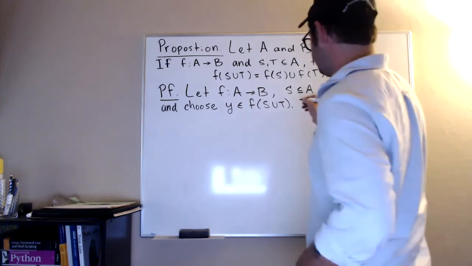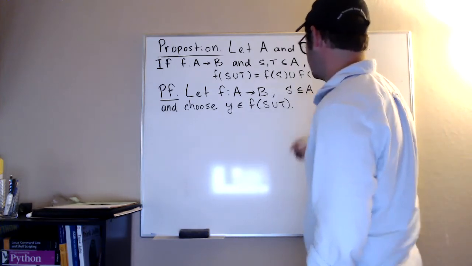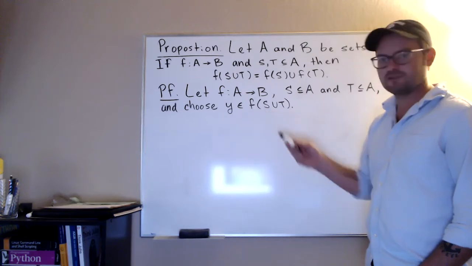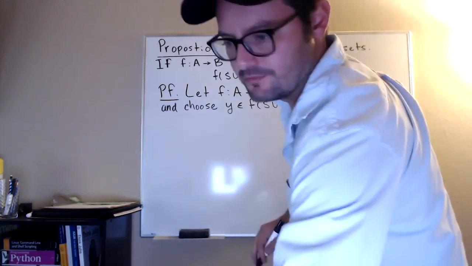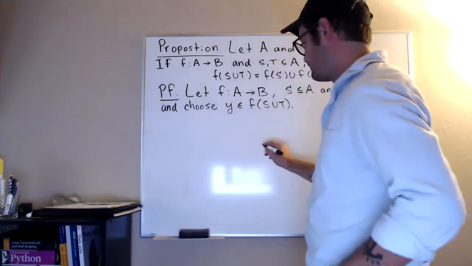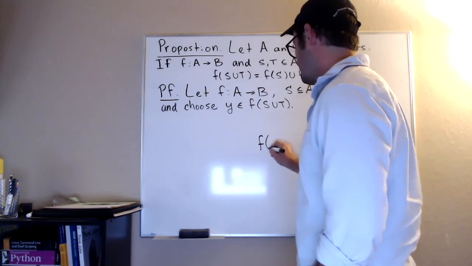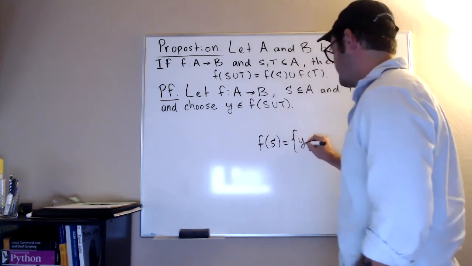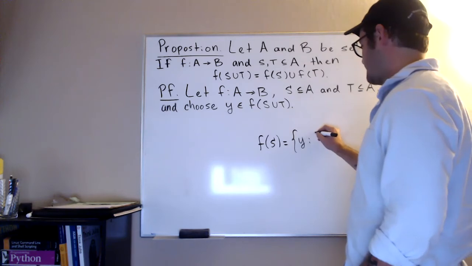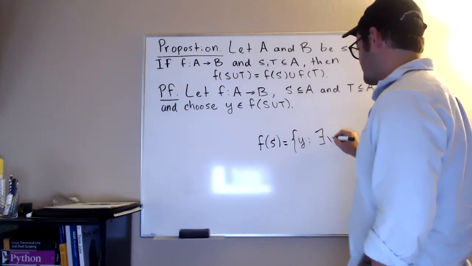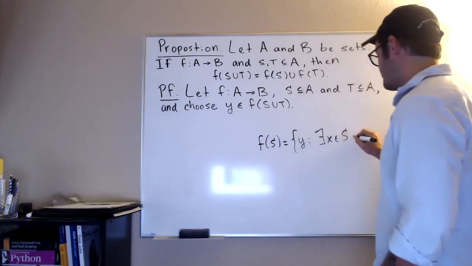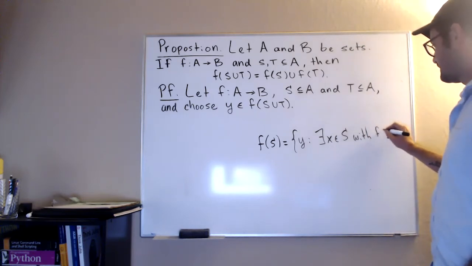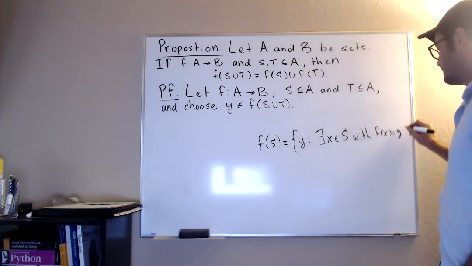So then, hopefully you remember what this notation means, right? Just maybe in your notes real fast, remember that f of S is equal to the set of all y such that there exists x in S with f of x equals y.